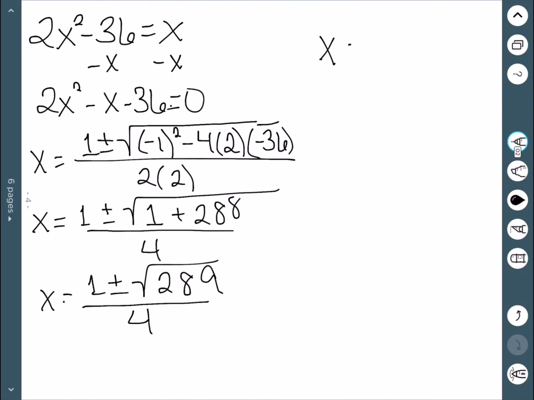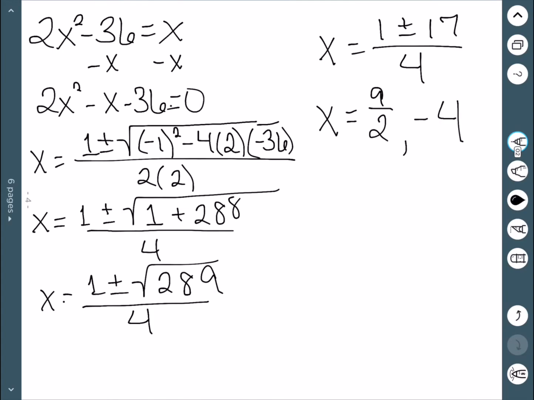This square root of 289 is 17, so now I have 1 plus or minus 17 over 4. 1 plus 17 is 18, and then divided by 4 would give us 9 over 2. 1 minus 17 is negative 16, over 4 would be negative 4. So now I have my two answers, 9 over 2 and negative 4.